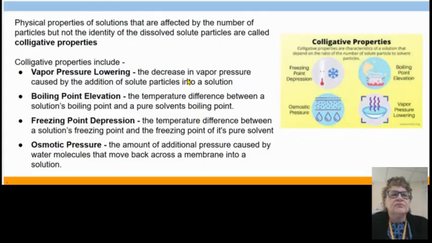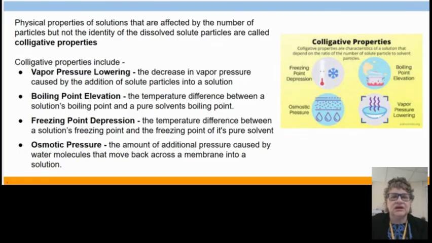Physical properties of solutions that are affected by the number of particles, but not the identity of the dissolved solute particles, are called colligative properties.